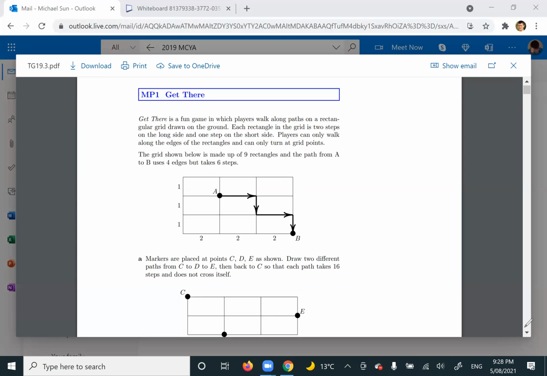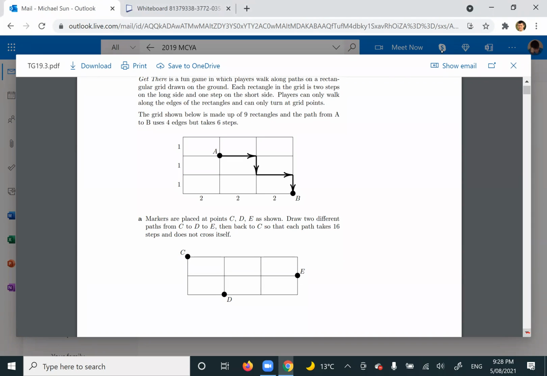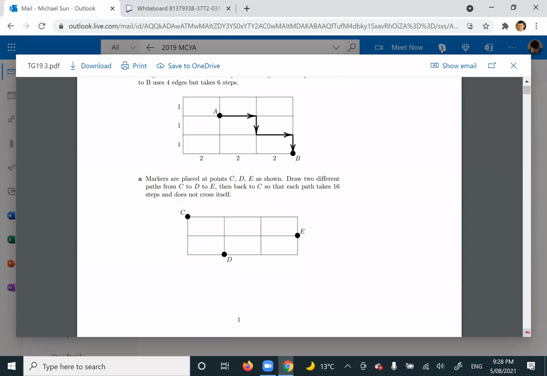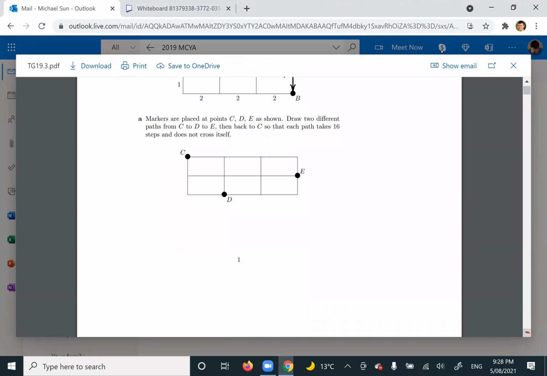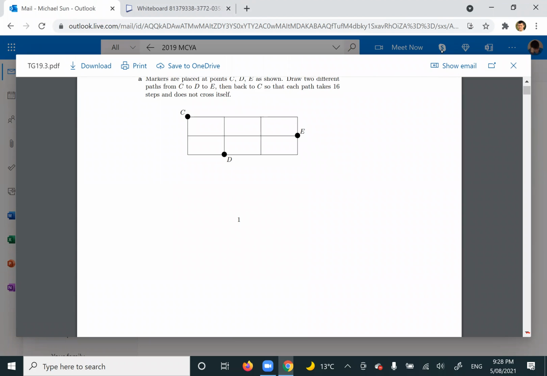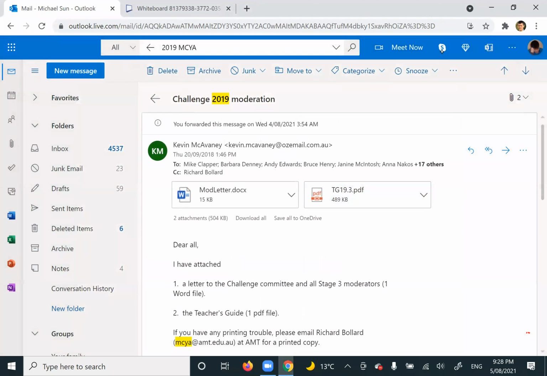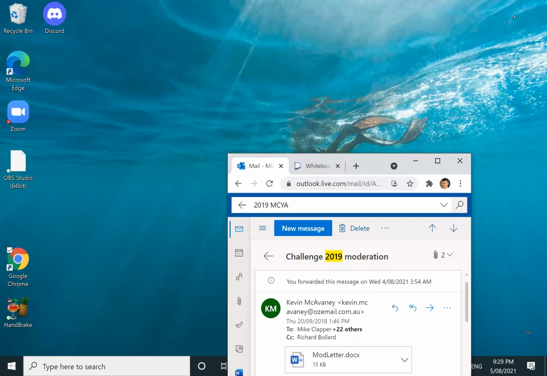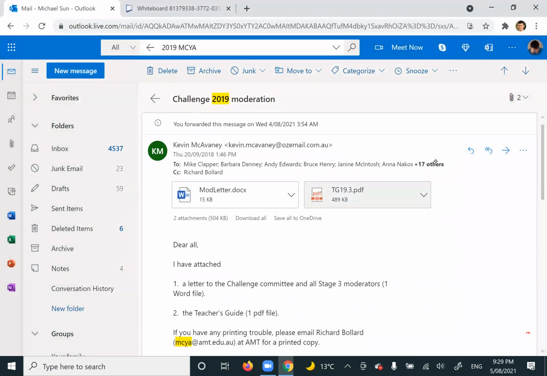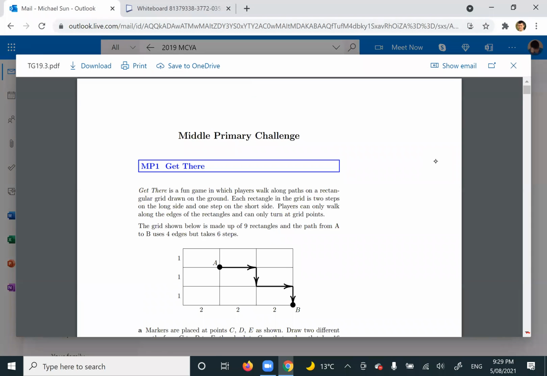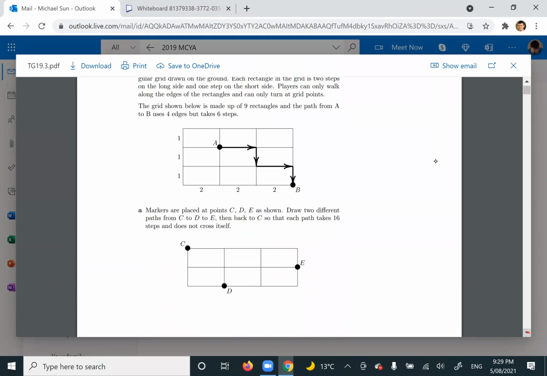Okay. So now we look at question A, yeah? So we don't even need to look at the other stuff. Okay, so question A says, you see what it says?